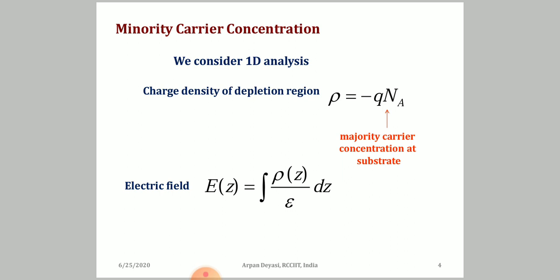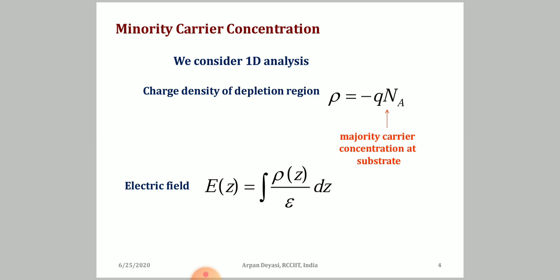So for one dimension, you know the equation: d2 phi/dz2 equals minus rho by epsilon, or dE/dz equals rho by epsilon, in terms of potential or electric field, whichever you choose. Now what is rho? Rho will be the charge carrier density, and it will be minus q into Na. Why negative?